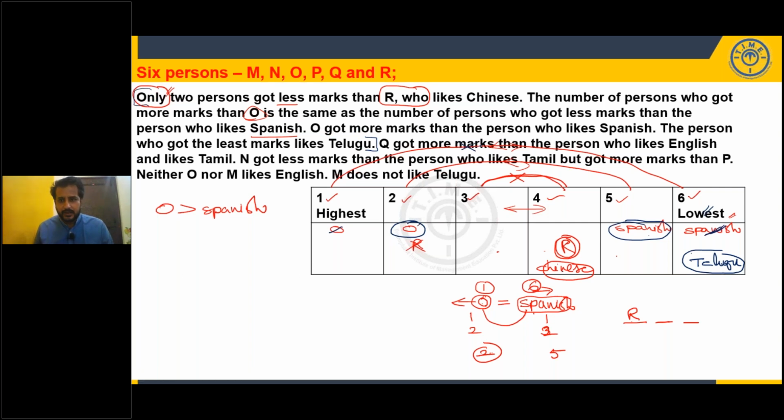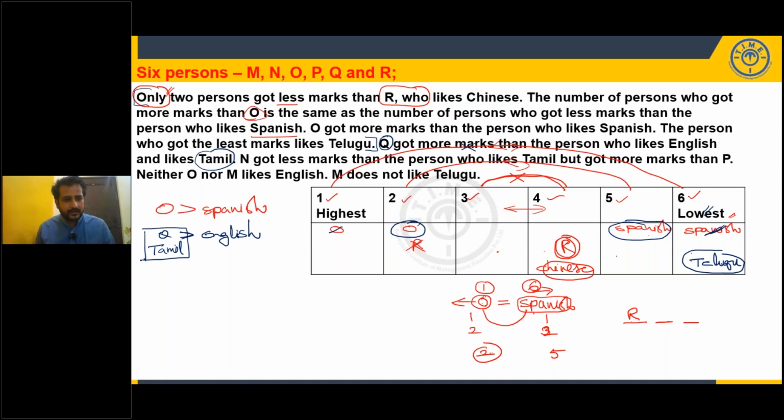What is next? Q got more marks than the person who likes English and likes Tamil. So what I can say is that Q likes Tamil. So there should be one position where I need to fix both Q and Tamil, and Q should be greater than English. Where do we have that possibility? First of all, look at Q and Tamil.